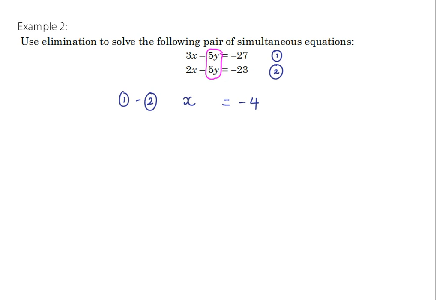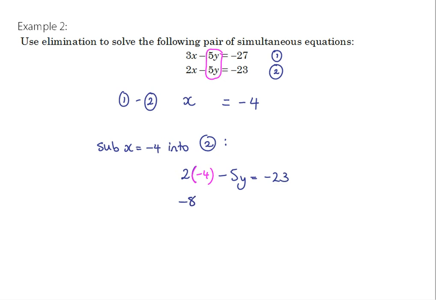So now I need to substitute to find y. I'm going to go into equation 2, it's marginally smaller numbers. So we'll have 2 times negative 4 minus 5y equals negative 23.